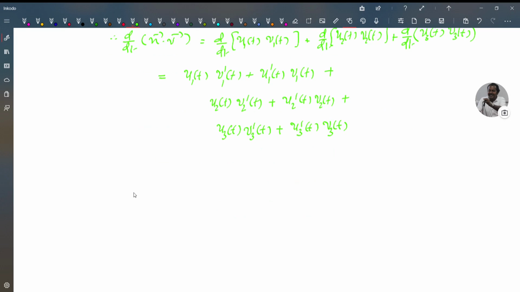So this is equal to, you take terms containing vi primes together and terms containing ui primes together.